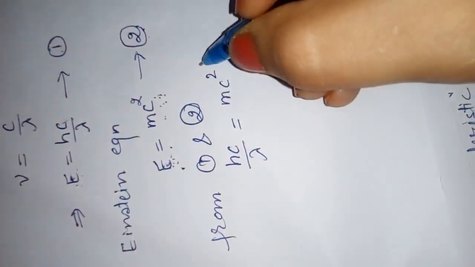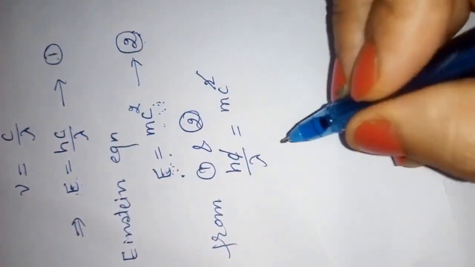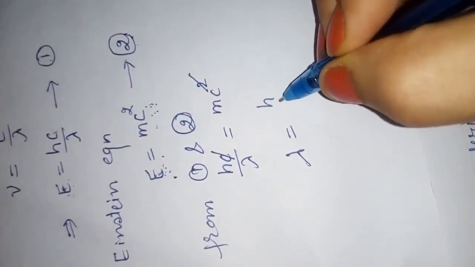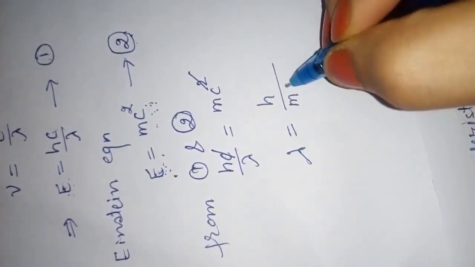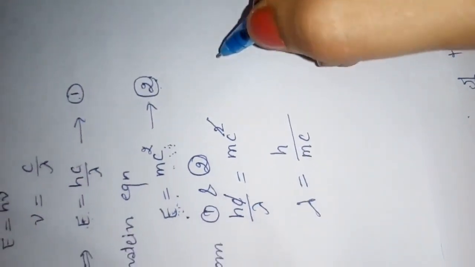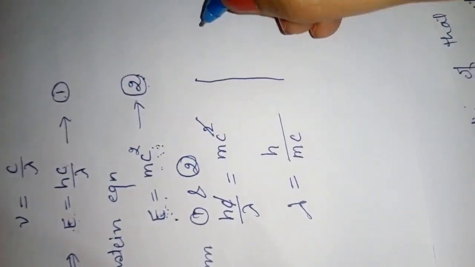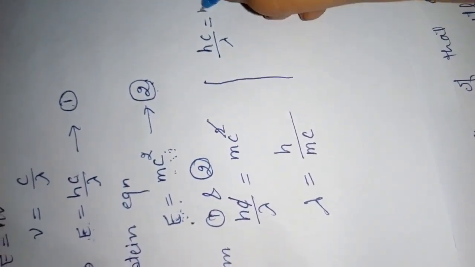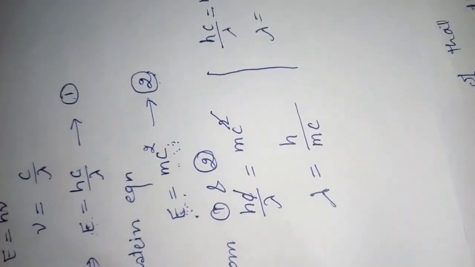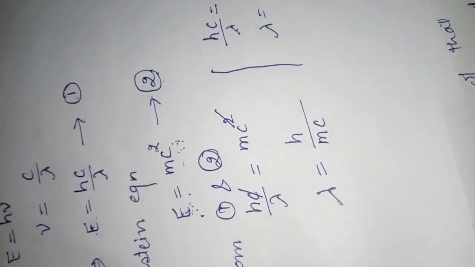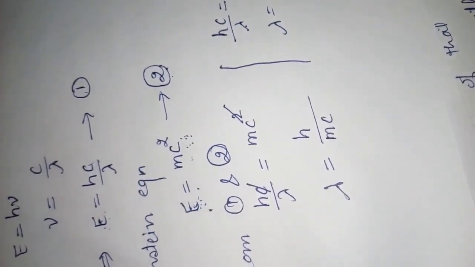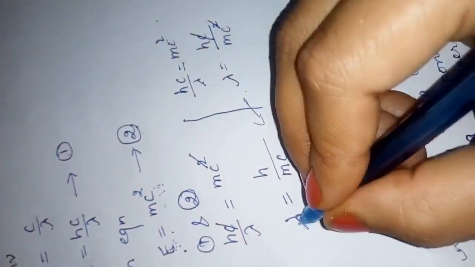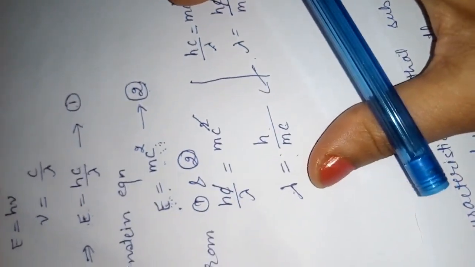So from here one c will cancel one c, so lambda will equal h over mc, because you can also do it this way: hc over lambda is equals to mc square, so lambda is equals to hc over mc square, this will cut, so lambda is equals to h over mc.